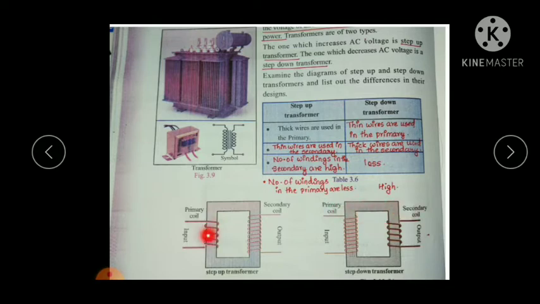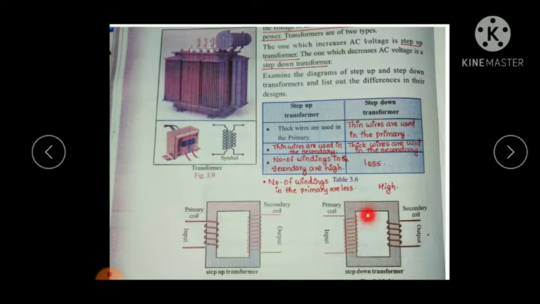Compared to the secondary coil, the number of turns or windings in the primary coil is less, while in the secondary coil it is more. So in a step up transformer there is an increase in the number of windings from primary to secondary coil.